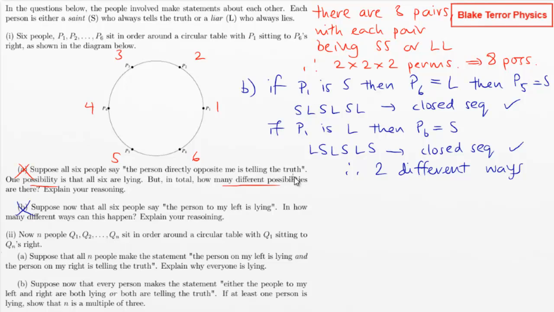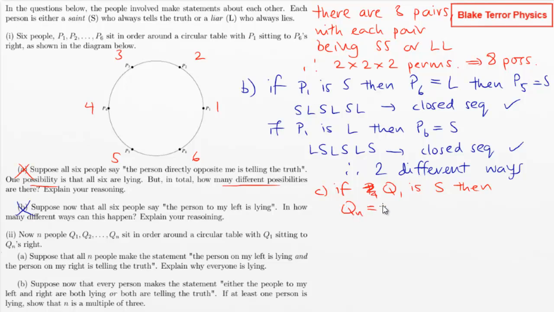Right, well, let's do something as a sort of counterfactual on this then. So let's start with someone who's telling the truth and then show they can't be there. I mean, all these people are essentially equivalent to each other. It doesn't matter which one we pick. So if Q1 is telling the truth, then the person to their left is lying.